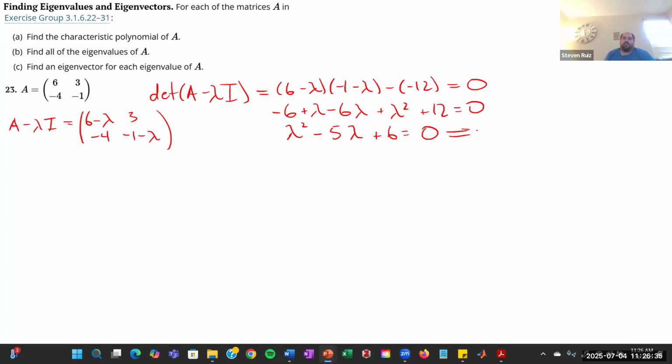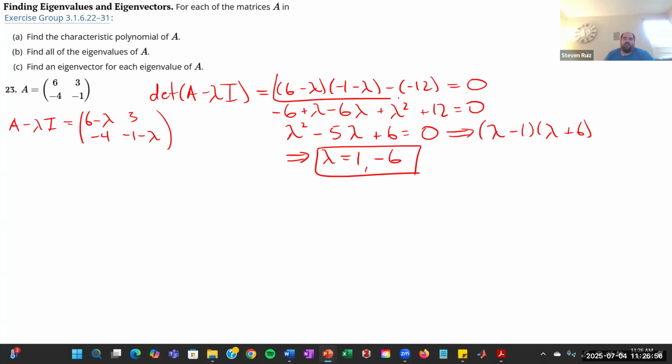This factors into lambda minus 1, lambda plus 6, which means my eigenvalues are lambda equals 1 and -6. So part A is basically this polynomial right here. Setting that polynomial equal to 0 and finding the values of lambda, those are my eigenvalues.